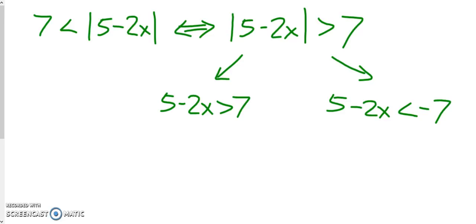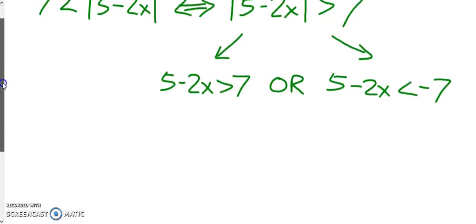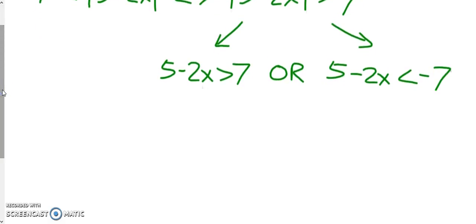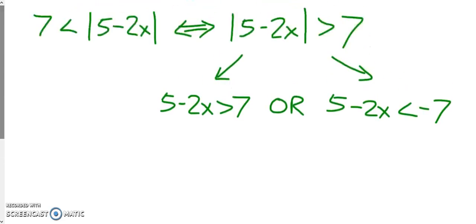What goes between them? No. Why is it or? Yeah. Greater. So that means that when it's all said and done, instead of taking where they overlap, I'm going to union these together. Proceed.